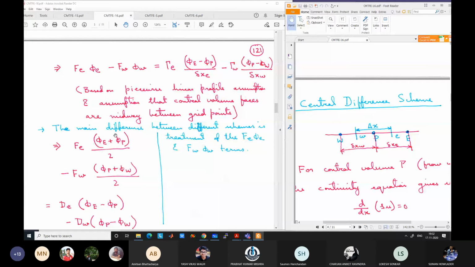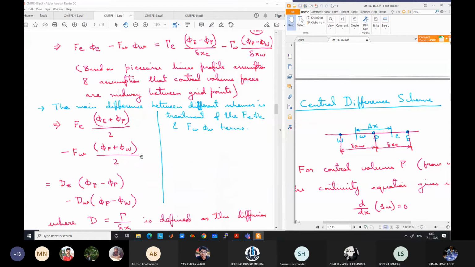In this case, we are taking a similar assumption even for the advective term, so we are just taking a linear average. Because it is at the center, I can just add these two and divide by 2: phi_E plus phi_P by 2. And Fe we are just keeping separate. Similarly, Fw into phi at small w is equal to phi_P plus phi_W by 2. So this is the crux behind the central difference scheme.